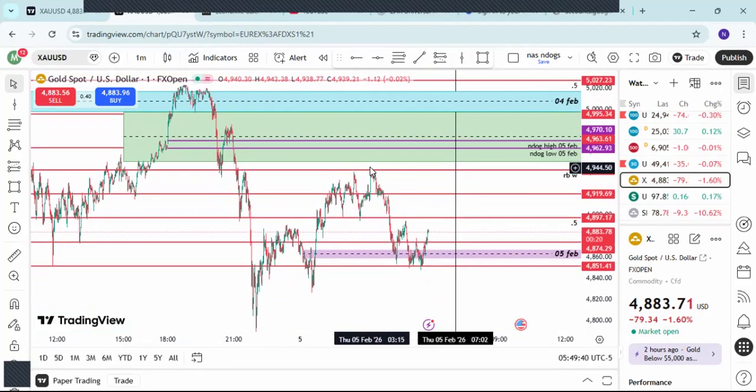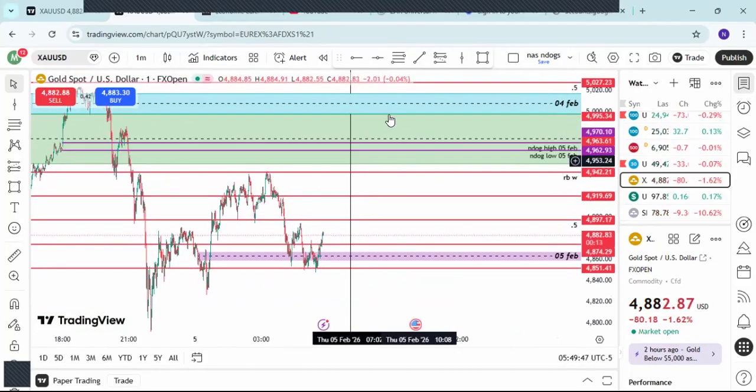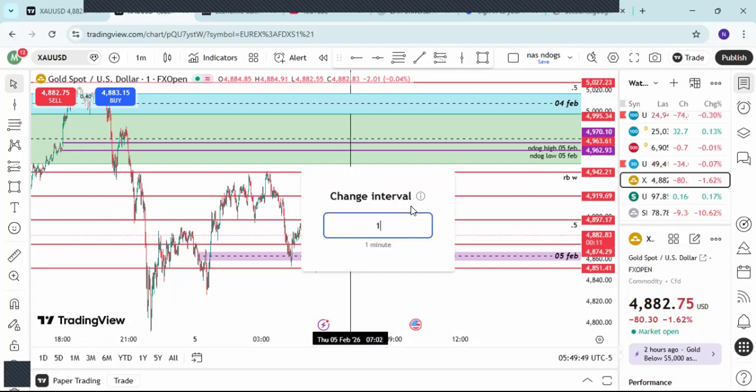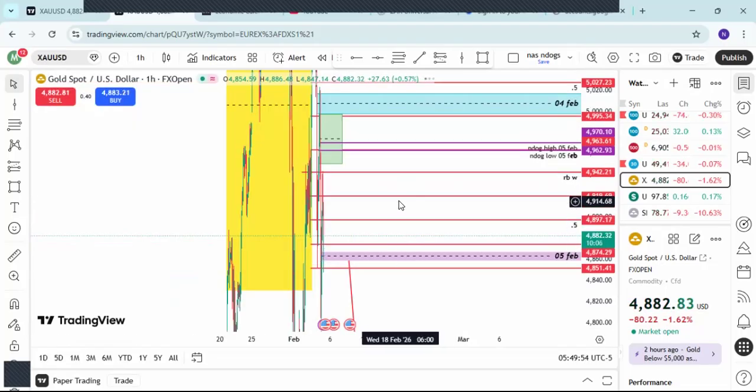This London buy side is resting here. So should we take buy side and come into this, we'll start thinking about selling. It's going to be 1 hour.